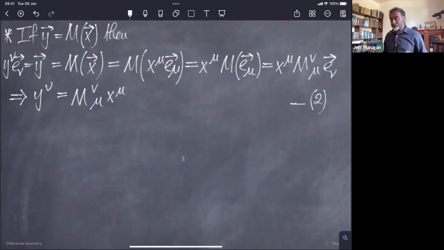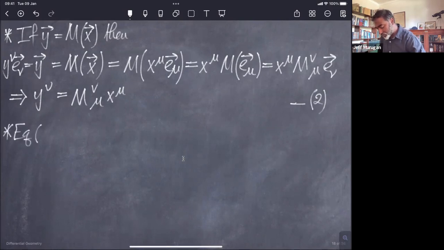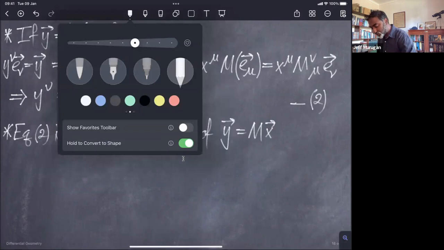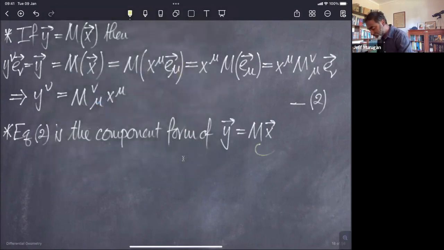So if you look at this, equation 2 is just the component form of the following matrix equation. It says that y is Mx, where here we're talking about matrix multiplication.